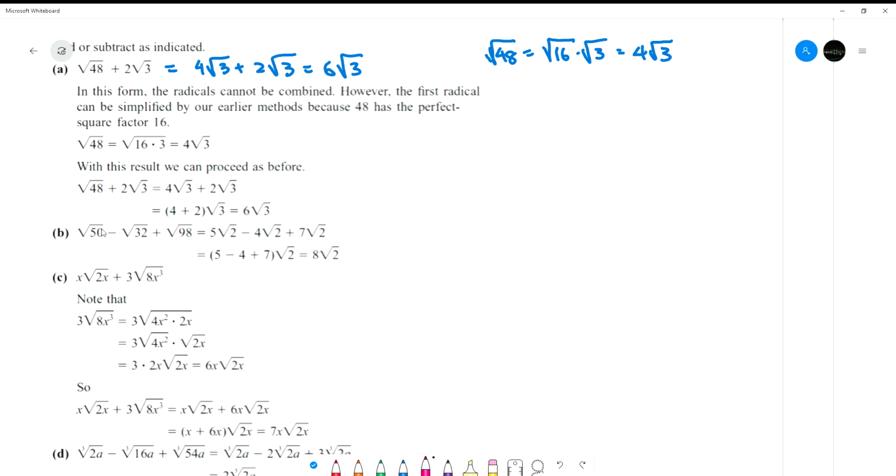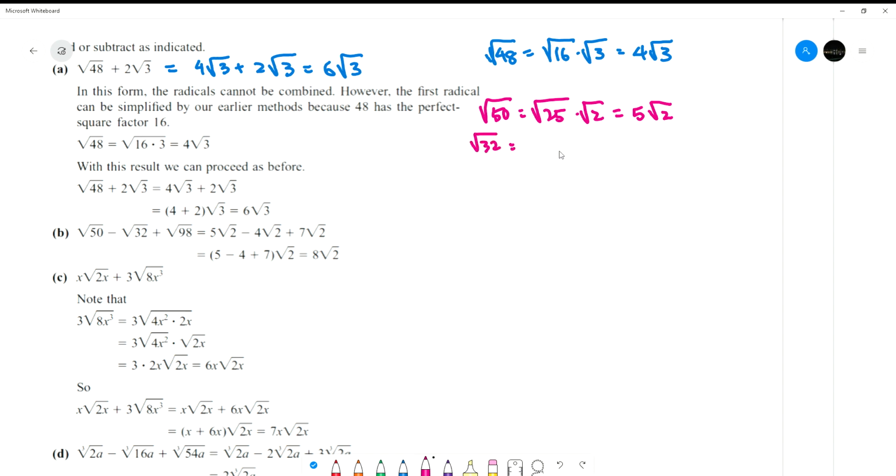I have in letter B, radical 50 minus radical 32 plus radical 98. So I know they showed the work here, but they didn't completely show how we simplify radical 50, right? So let's do that. Radical 50 is equal to radical 25 times radical 2. So that is 5 root 2. Let's do radical 32.